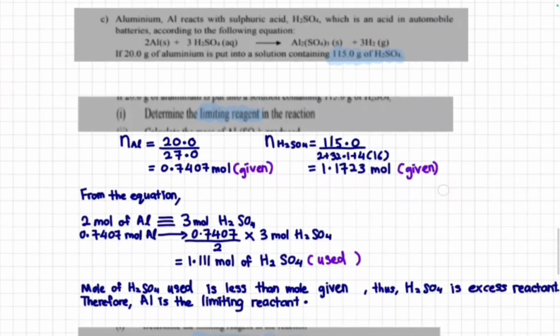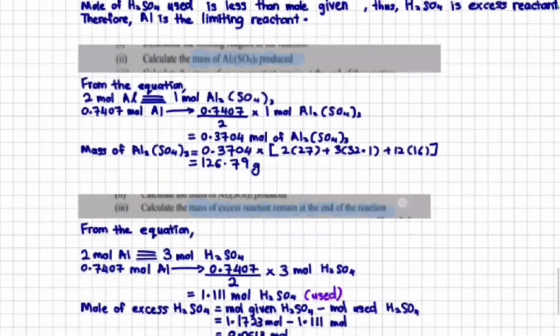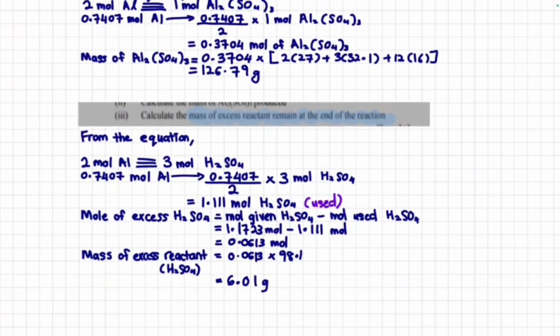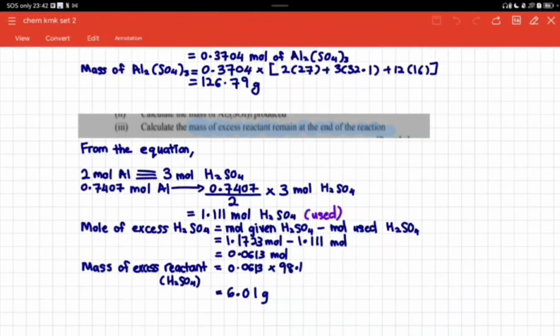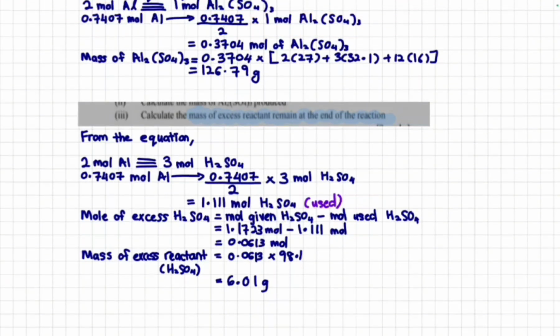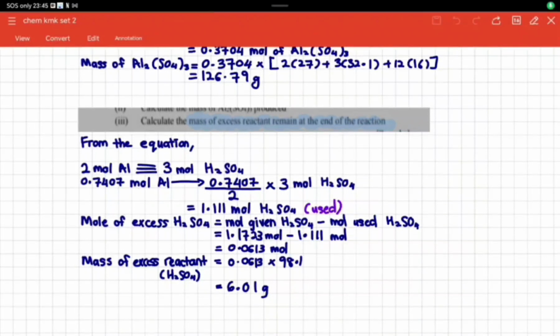So this is the moles given for sulfuric acid, and then we minus the moles used for sulfuric acid, which is 1.11 moles. Here is the calculation, and we get the number of moles of excess sulfuric acid, which is 0.0613 moles.